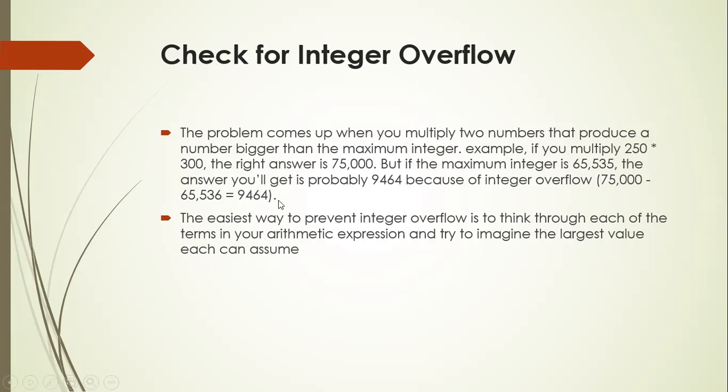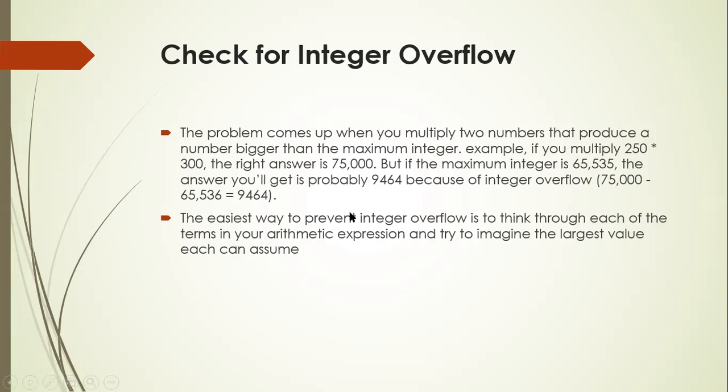Sometimes this happens that we are going to store values that are higher than the range of that integer. For suppose we are going to store this value 75,000 inside a number that does not have this much range, so it will overflow.